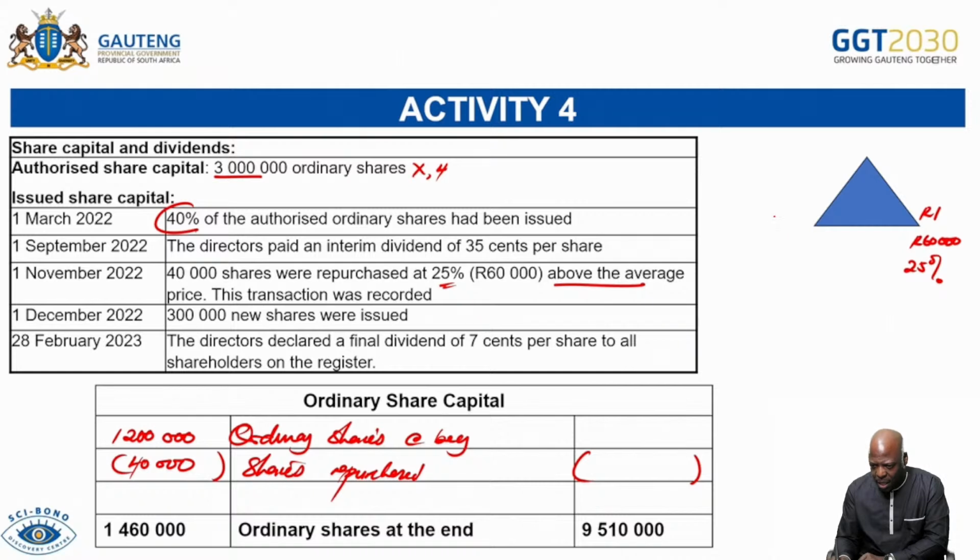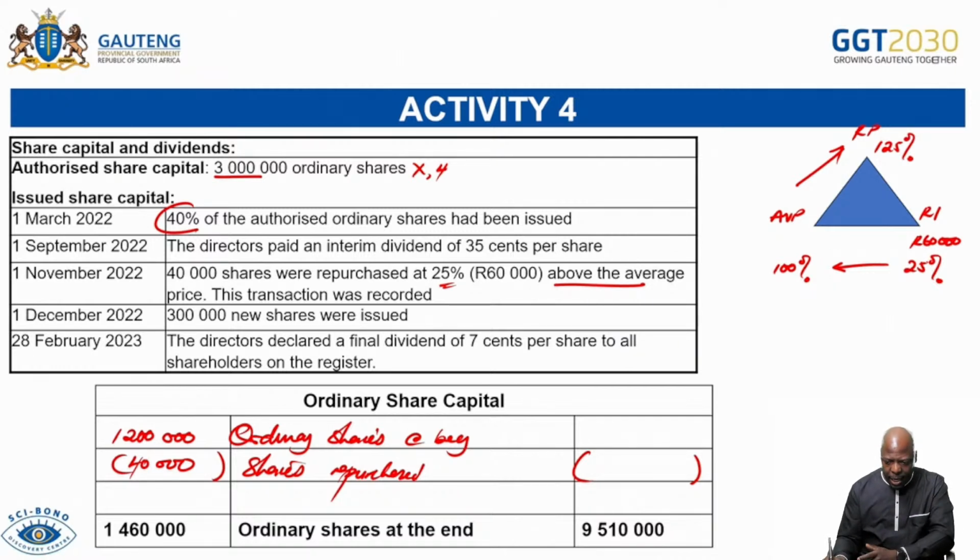It therefore tells me that my average price in this case will be 100%, which therefore means if I take my 25%, which is the retained income, I add the average price, the repurchase price here will therefore become 125%. That is what it therefore means. You still with me? Okay, but we're given here the 25% above average price that we paid, which is 60,000.